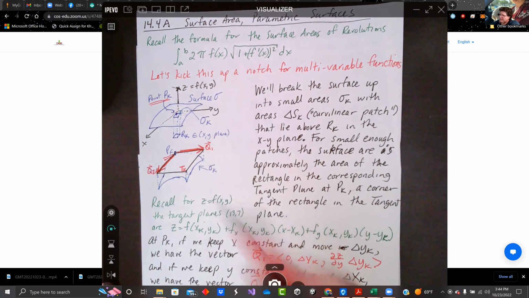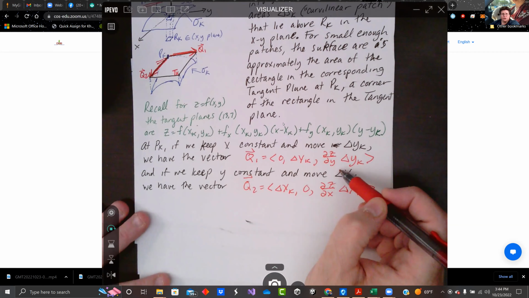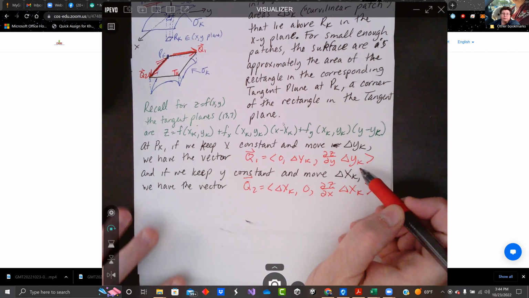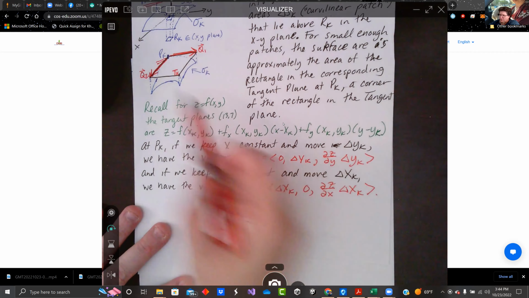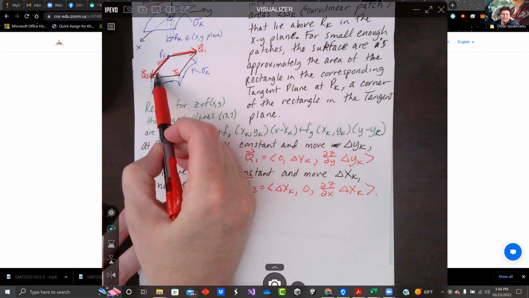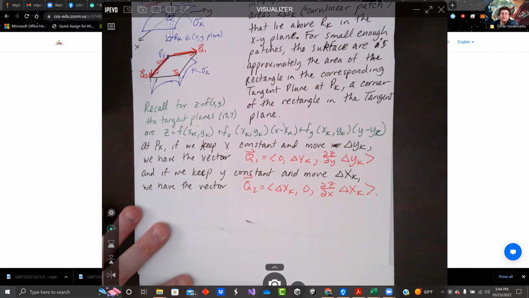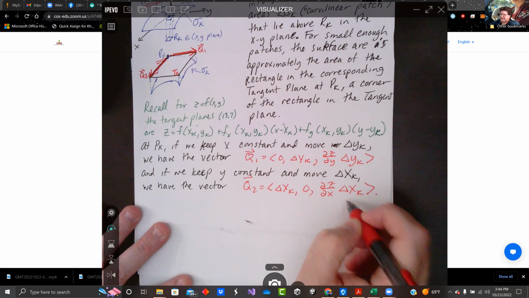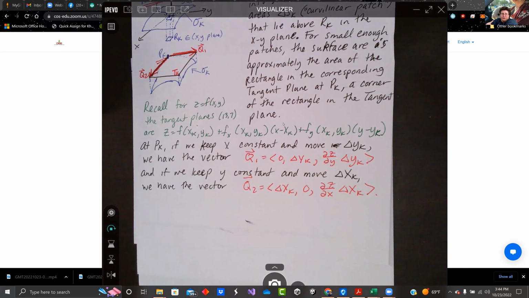That means the z component is going to shift by the partial derivative of z with respect to y, times delta yk. We do the same thing for q2. We hold y constant and just move in the x direction by delta xk. So the z component shifts by the partial of z with respect to x, times delta xk.